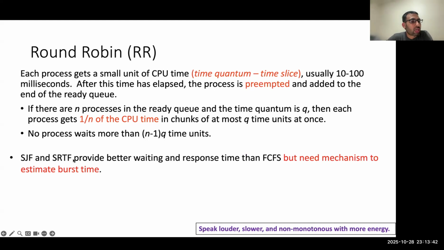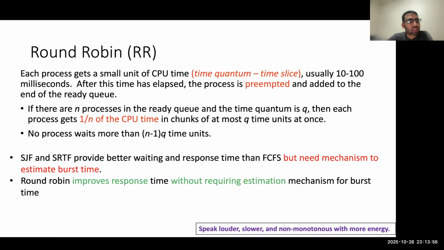Shortest job first and shortest remaining time first algorithms provide better waiting and response times compared to the first come first serve algorithm, but they need mechanisms to estimate burst time. The good thing about the round robin algorithm is that it improves the response time just like SJF and SRTF algorithms, but it doesn't require any estimation mechanism for burst time.